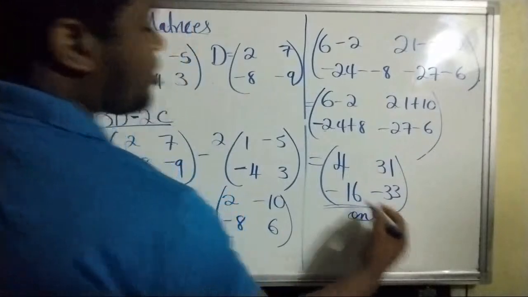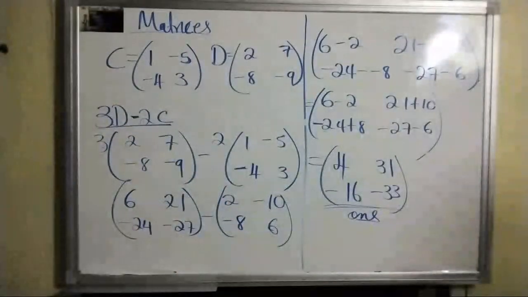Did Cherry get this? Let us check back if Cherry had gotten that. She got 4, 31, negative 16, and 33.